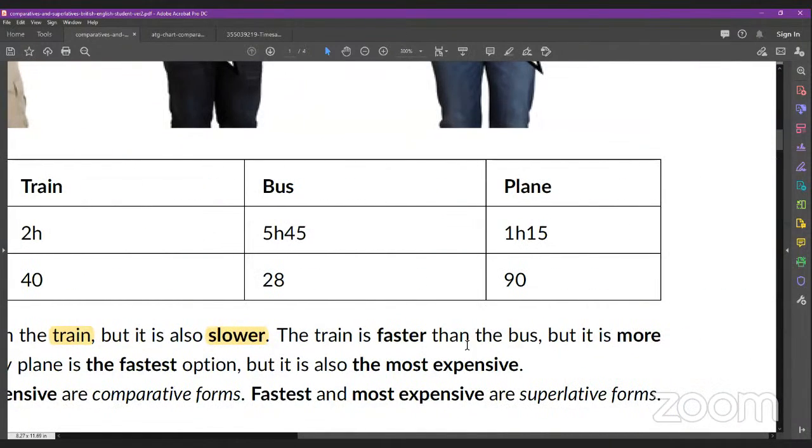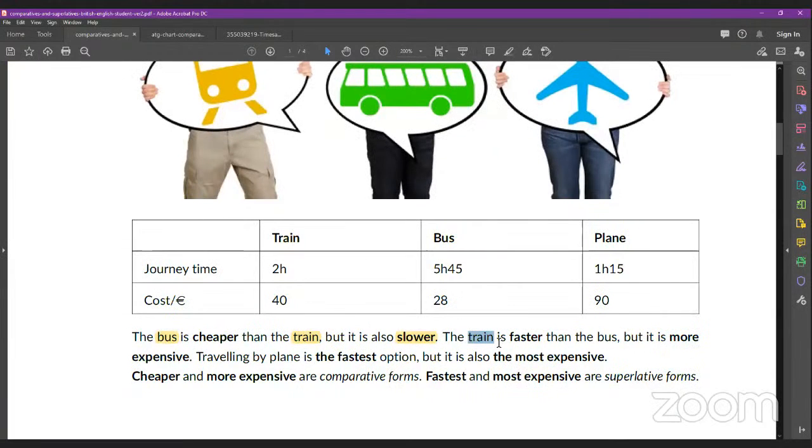Or you can say, the train is faster than the bus. Here, we compare the train and the bus. The train is faster than the bus, but it's more expensive. Just comparative. Comparative sentences only.